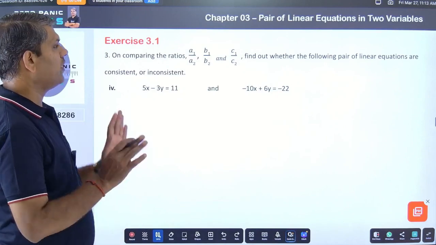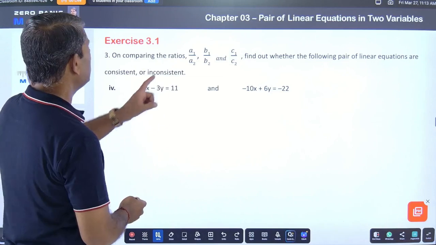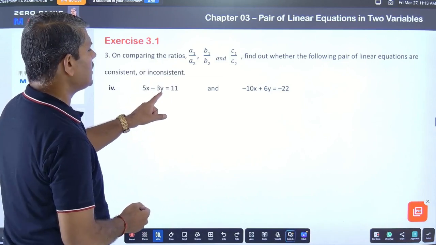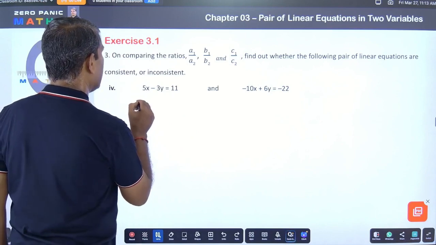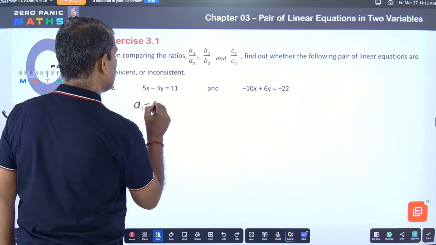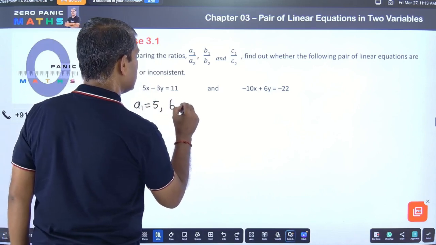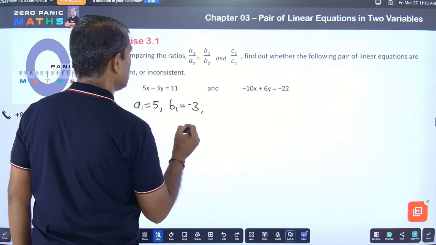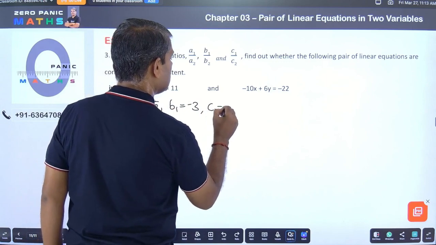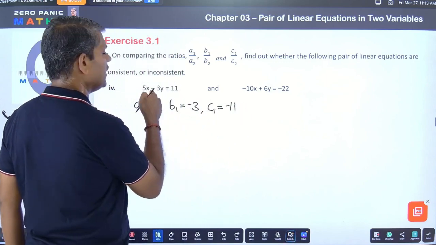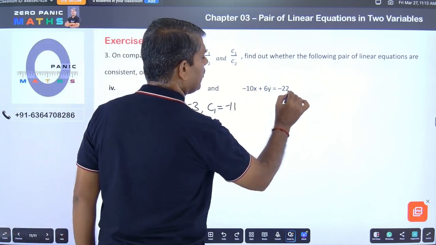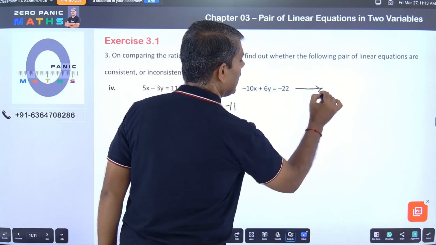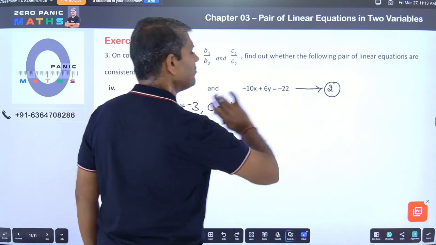We are not wasting any time. Again, 5x minus 3y. Let us quickly identify: a1 is 5, b1 is minus 3, and c1 is minus 11, taking 11 to the left side. Multiply the given equation 2 with minus.